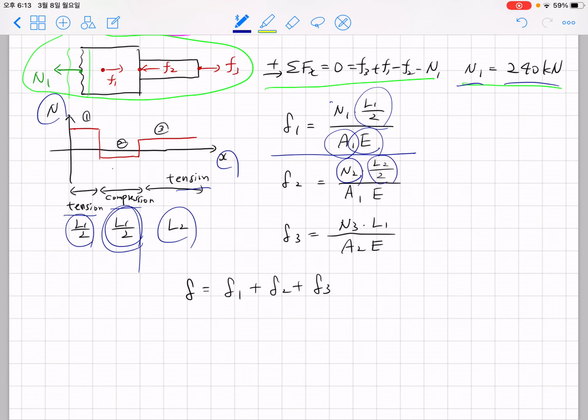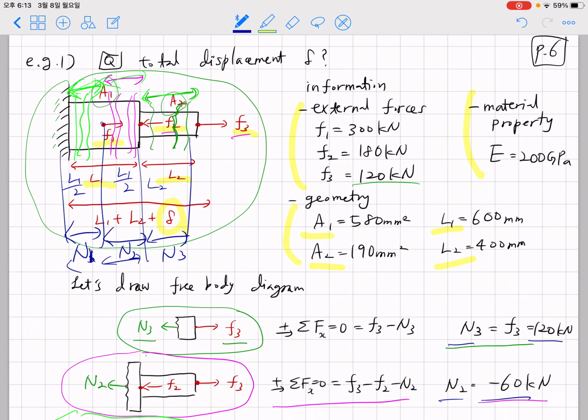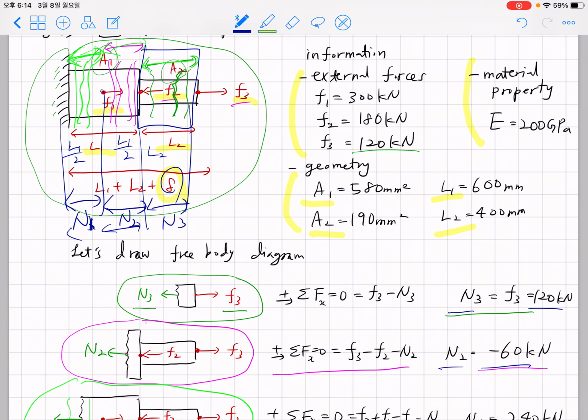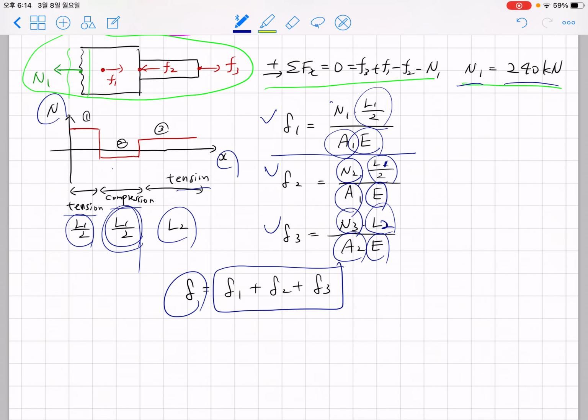You have length, which is L1 over 2, and you have cross-sectional area A1 and material property E. And for the third zone, you have N3, and you have length L2, cross-sectional area A2, and material property E. And after considering the deformation in zone 1, zone 2, and zone 3, summing up all the deformation, you can obtain the total deformation delta.